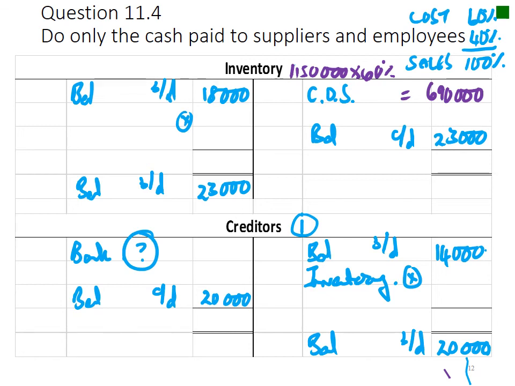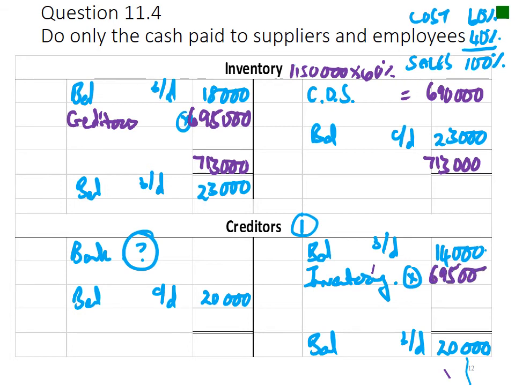If I add that plus the closing balance of inventory, that will give me 713,000. Then if I subtract my opening balance of inventory, it means the inventory purchased on credit during the year is going to be the balancing amount of 695,000, which I'm going to be bringing down to the credit side of the creditors account.